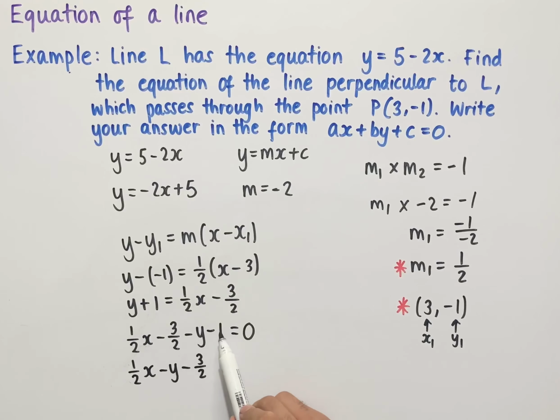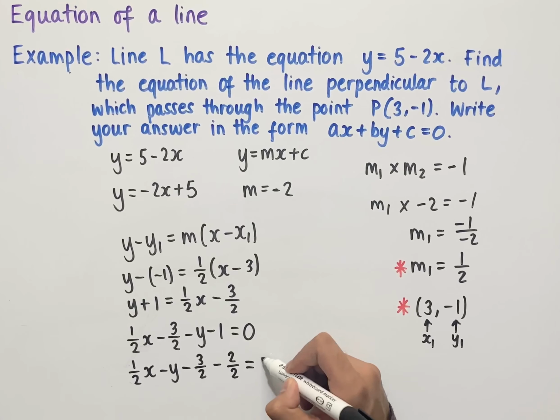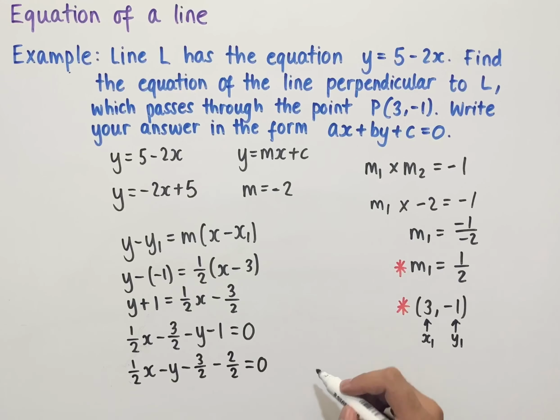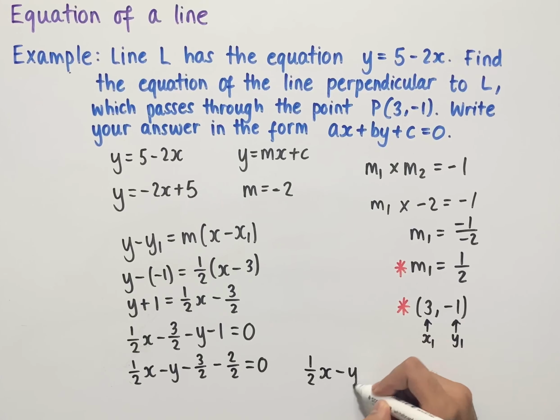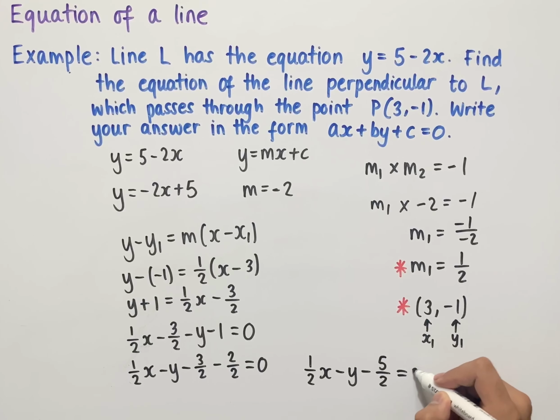And now instead of writing minus 1, we're going to write this as a fraction where the denominator is equal to 2. So that would just be minus 2 over 2 equals 0. So if we simplify this, we end up with a half x minus y minus 5 over 2, which equals 0. And this is the equation of the line that is perpendicular to L.